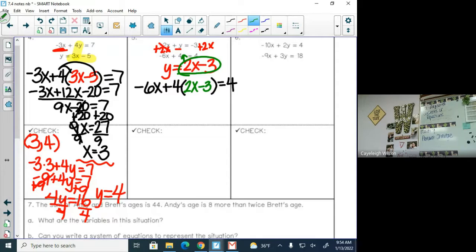So why don't you all finish that one out? Solve that, distribute, and then combine your like terms.